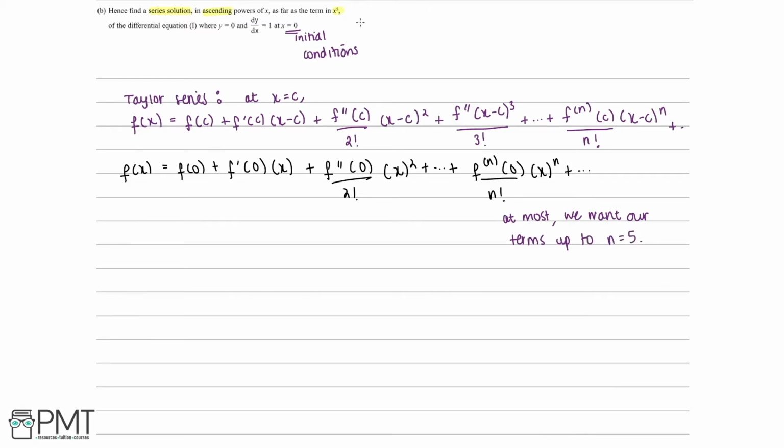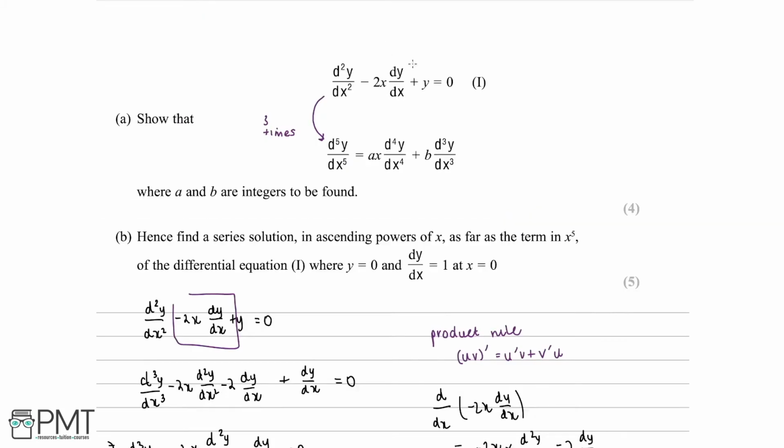Now, as you can see using our formula over here, in order to find f of x as a series expansion, we need to know what the derivatives of f of x are. Well, we actually do know what the derivatives of f of x are, because we found them in part A. We were given that the second derivative of y is equal to 2x multiplied by dy by dx minus y.